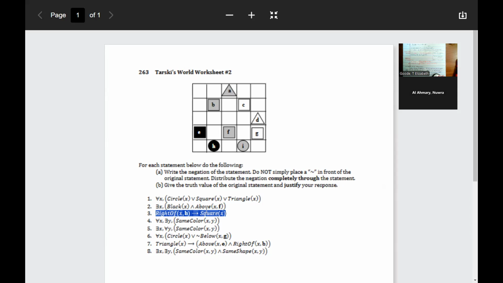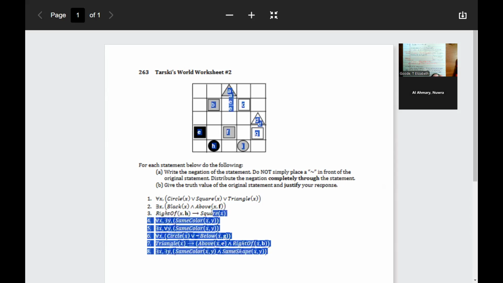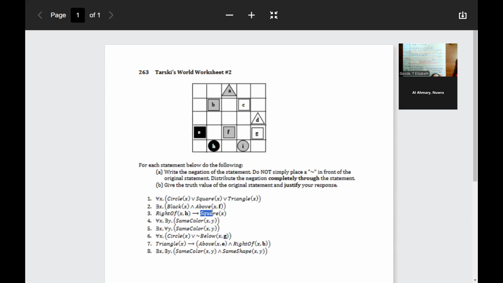It's universal, even though the for all X isn't written there. There really is a for all X there. So when we write the negation, we're going to say there exists an X that satisfies this hypothesis and does not satisfy this conclusion.